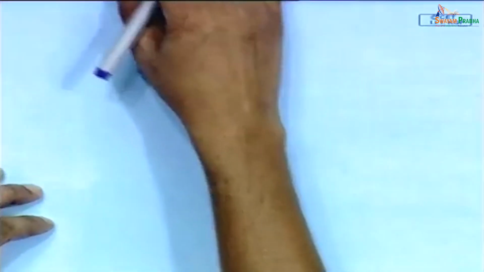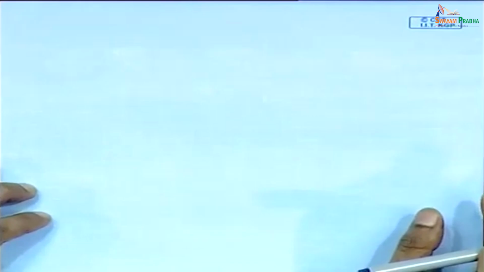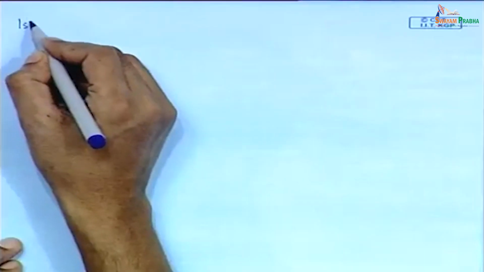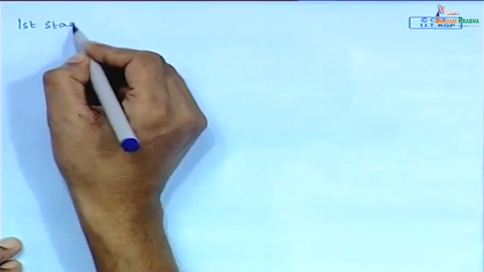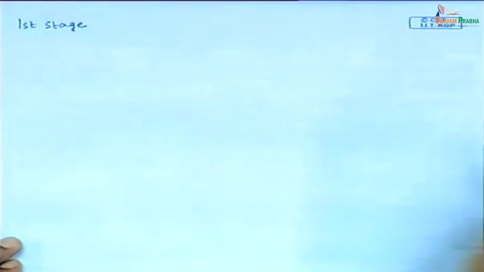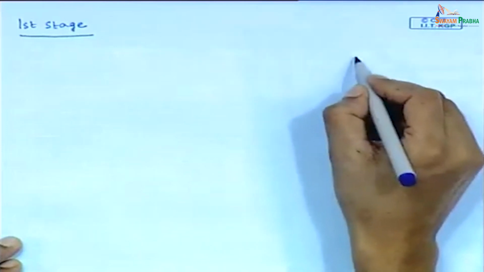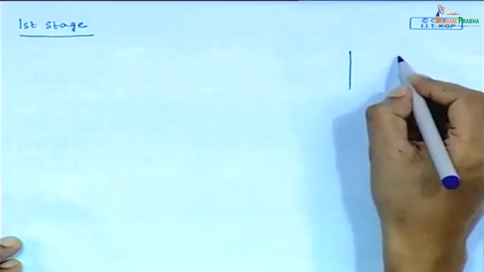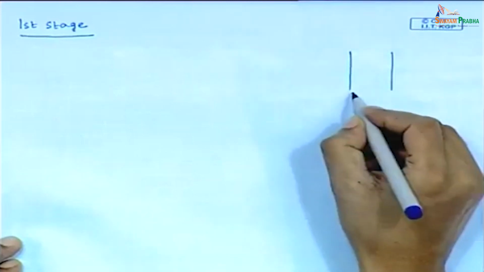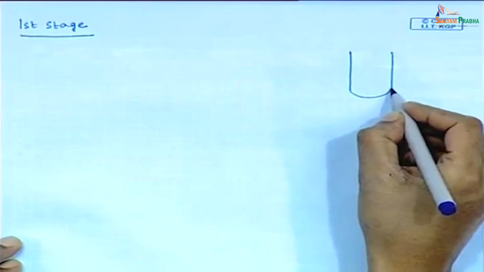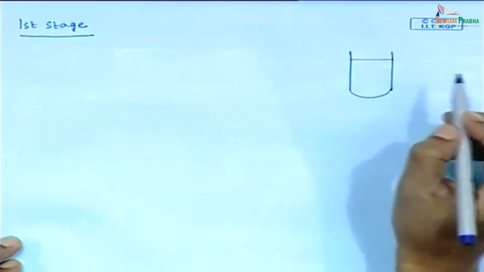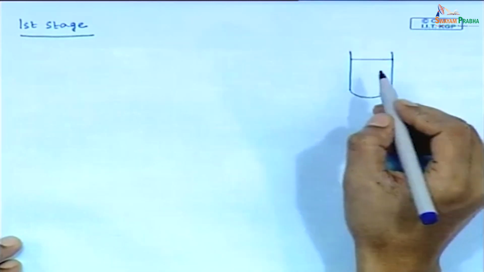Within the n stage, as I have mentioned, the bottom tray is also not included. So, next we will consider the first stage. The schematic representation of the first stage is like this. This is the first stage.